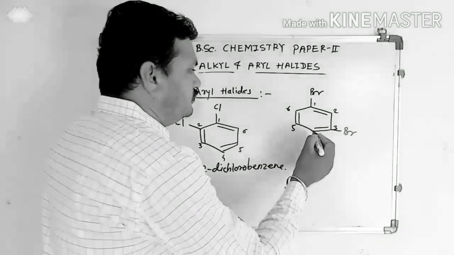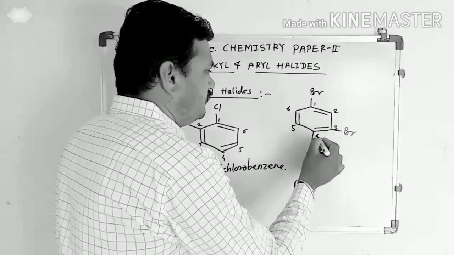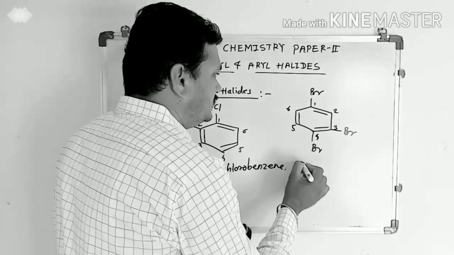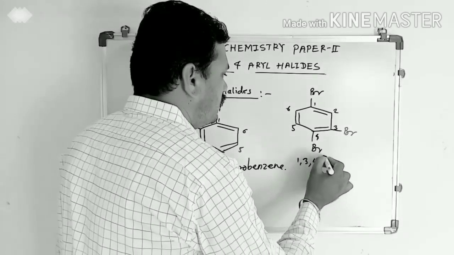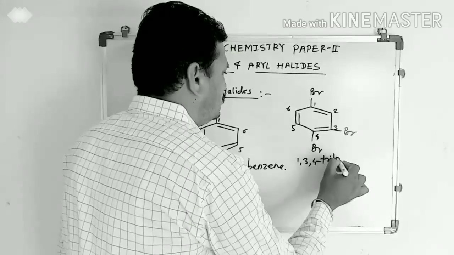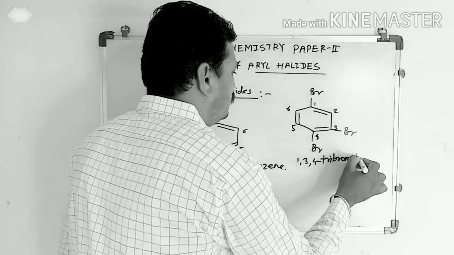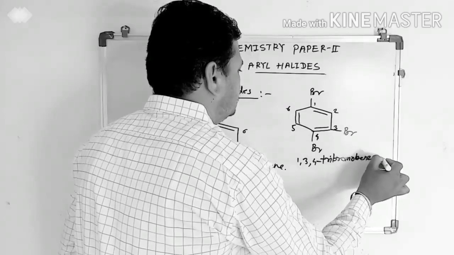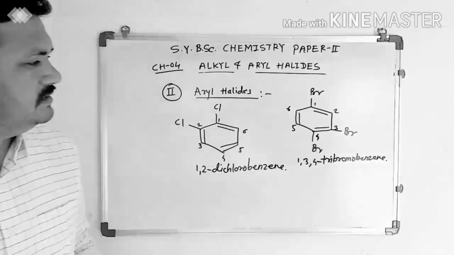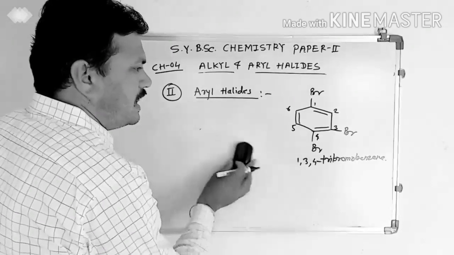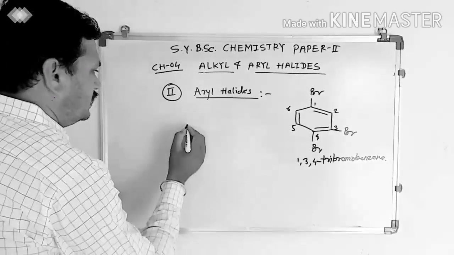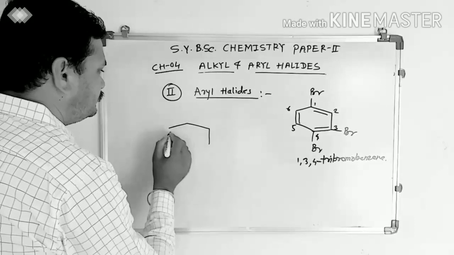Then we will give the numbering first, and then the IUPAC nomenclature is 1, 3, 4 tribromobenzene is the IUPAC name.